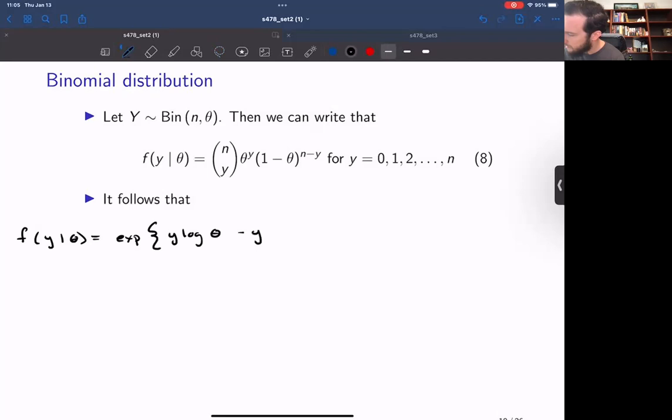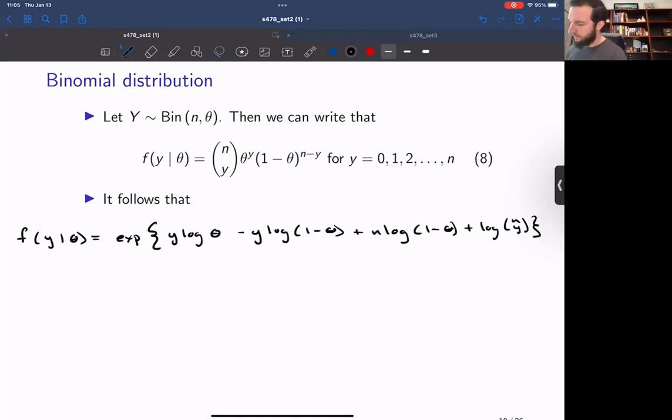minus y log 1 minus theta plus n log 1 minus theta plus log n choose y. All right.